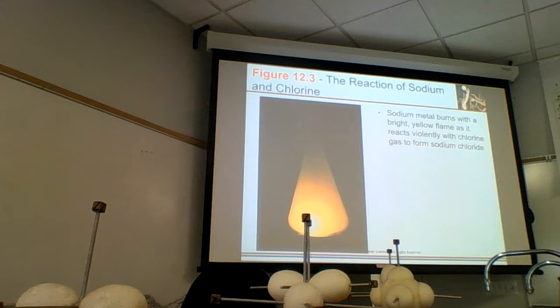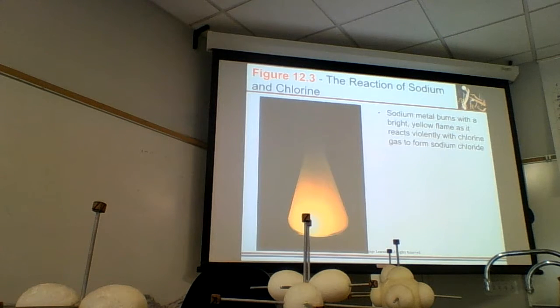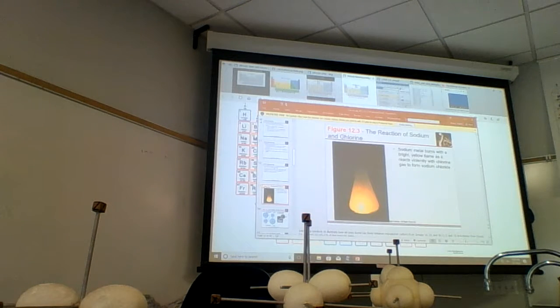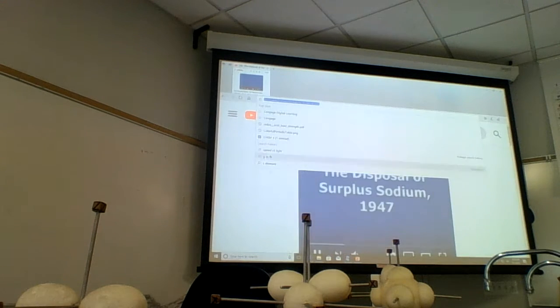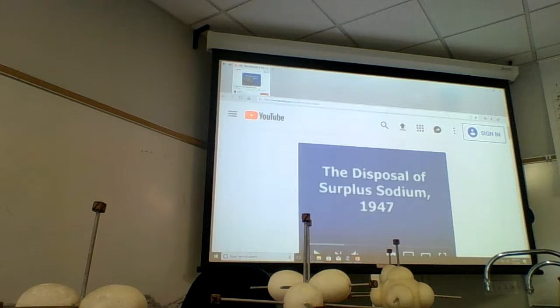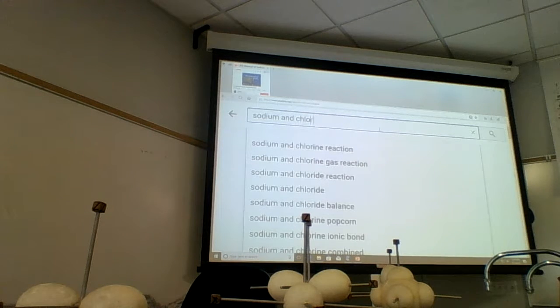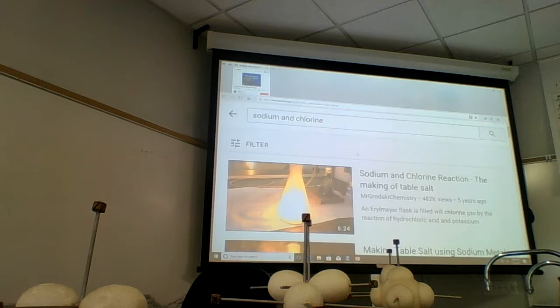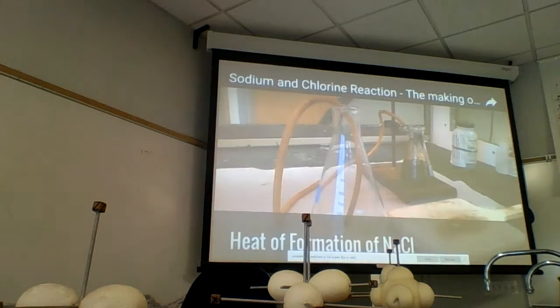Let's look at the reaction between sodium and chlorine. So what they did was they put some sodium metal there and some chlorine gas. So what's happening in that particular reaction? We can see this reaction in the video. This is making table salt from the elements here, sodium and chlorine.